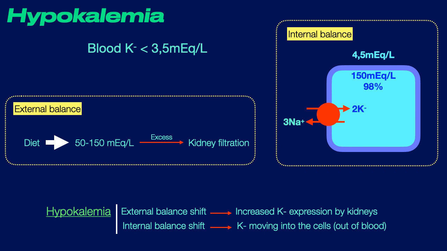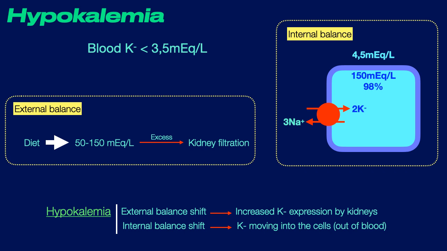Keep in mind that these potassium ions carry a charge. So the difference in concentration also leads to a difference in charge, which establishes an overall electrochemical gradient across the cell membrane. And this is called the internal potassium balance.